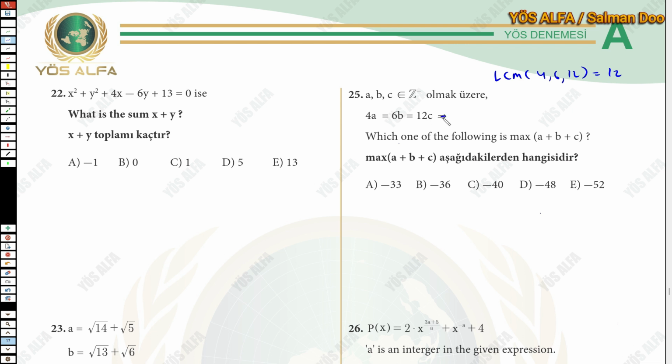So that means this expression is equal to 12k, and a is 3k, b is 2k, and c is k. So a plus b plus c becomes 3 plus 2 plus 1, 6k, and the maximum in the given answer choices is negative 36. Although negative 48 is also divisible by 6, since negative 36 is larger, our answer is going to be negative 36.